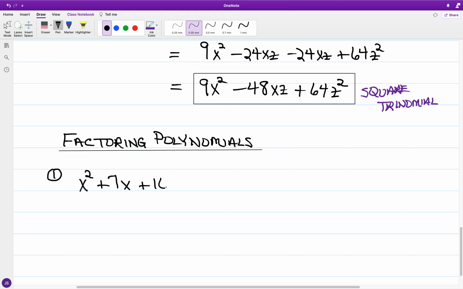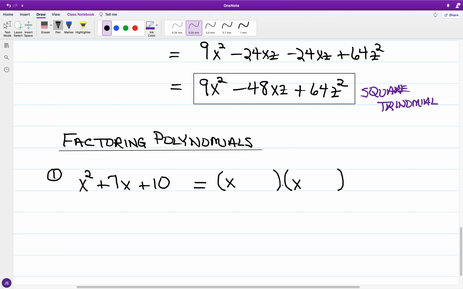So if you're looking at multiplying a trinomial expression like x squared plus 7x plus 10, this expression can be factored, and with the leading term at x squared, that times itself would give you x squared, which will be x and x.